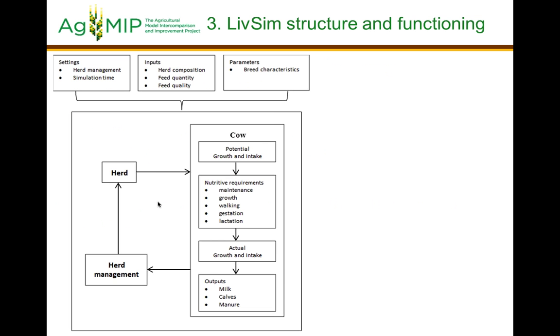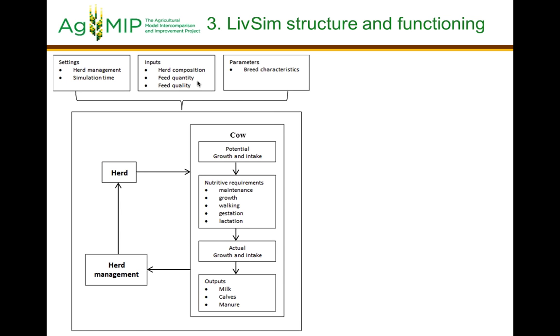If so, then I'll tell you a bit more about the LivSim structure and functioning. There's a couple of things that go into the model: model input data and parameters. Those can be broken up into 3 categories. One is settings, which is about herd management and things like simulation time.